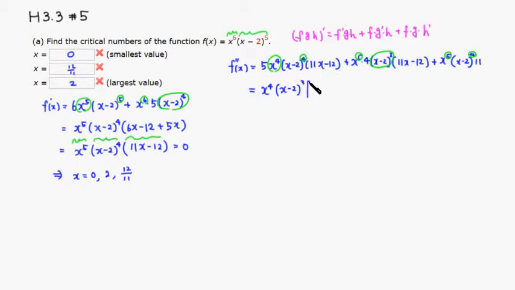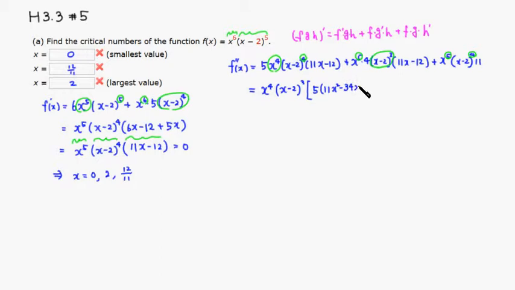I don't think we have anything else in common, so we're going to have to just multiply it all out. So here's 5 times, we're going to have to multiply these. We're going to get 11x squared. That's going to give you negative 12, and then you have a negative 22. So negative 12 plus negative 22, oh, actually 22 and 12, so negative 34.